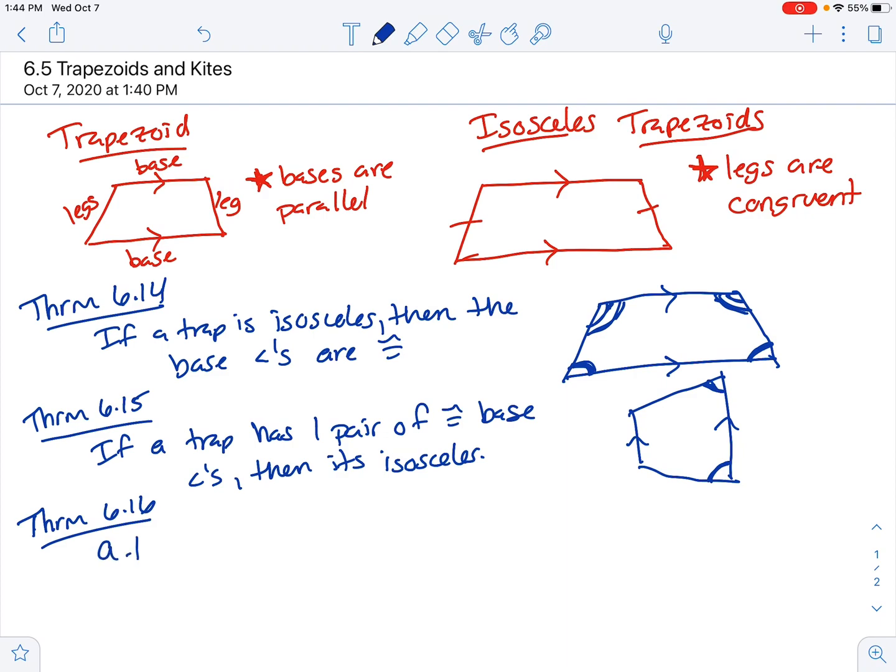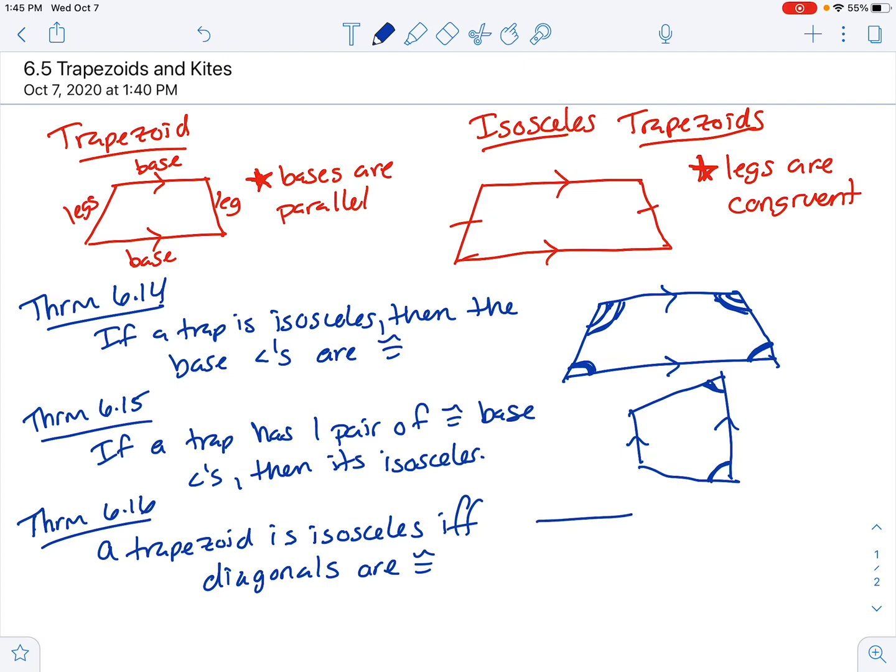Okay, next one. A trapezoid is isosceles if and only if the diagonals are congruent.